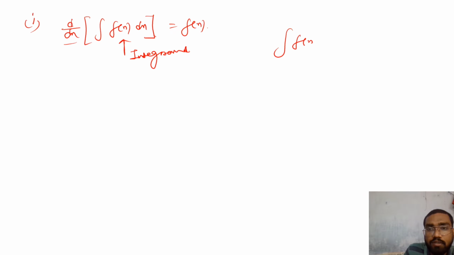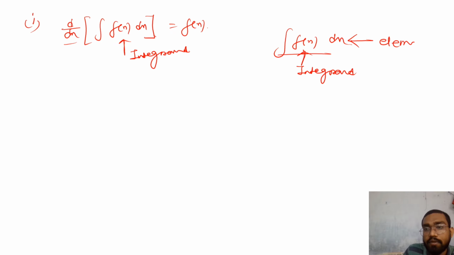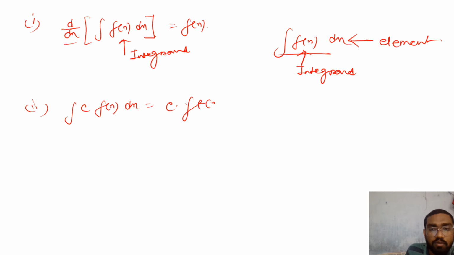Here in the integral of f of x dx, f of x is called the integrand and dx is called the element. Okay, now the second property is the integration of c times f of x dx equals c times the integration of f of x dx, where c is an arbitrary constant.